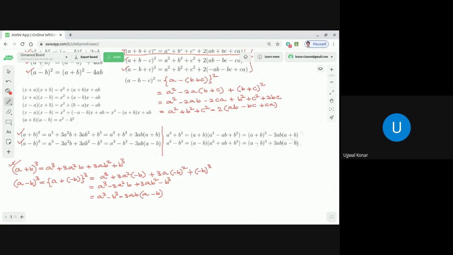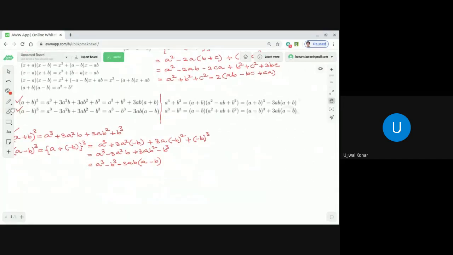I can show you how come a cube plus b cube we are going to get like this. So let me use a different color and let me explain to you. We are going to establish this formula, why a cube plus b cube is like this.